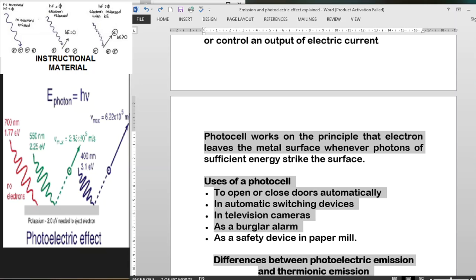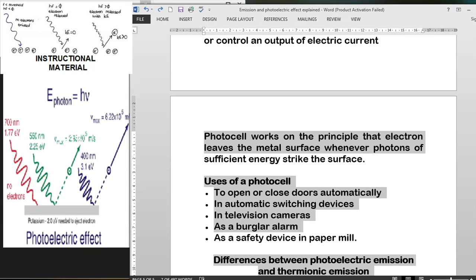In television cameras and television sets, photocells can also be used. Also, as a burglar alarm, a photocell can be used.